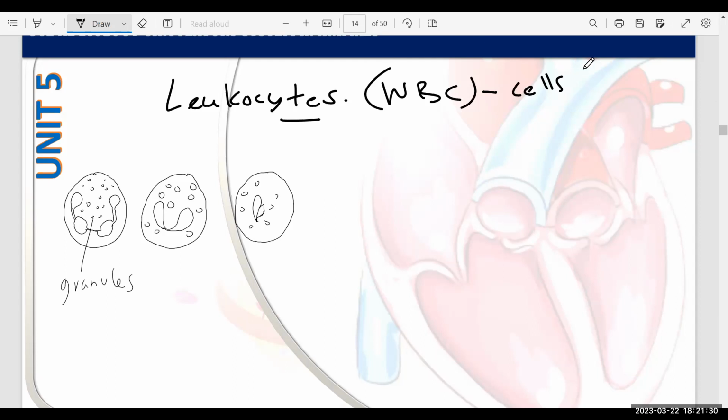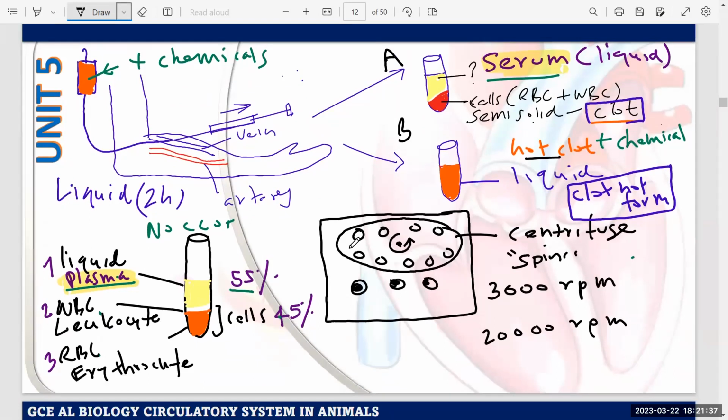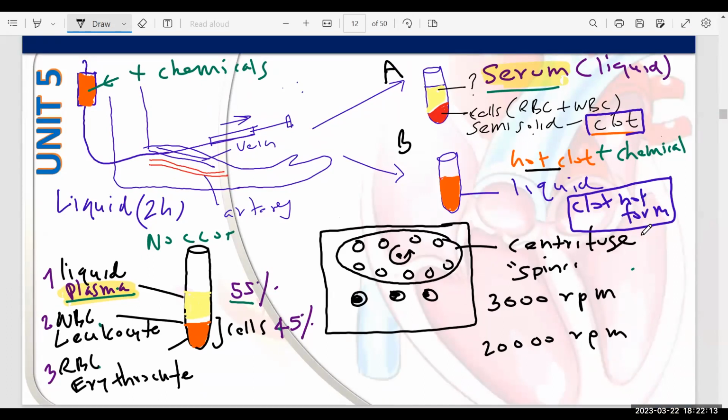For example, let's say you ask a structured question, we make a question: write the difference between serum and plasma.